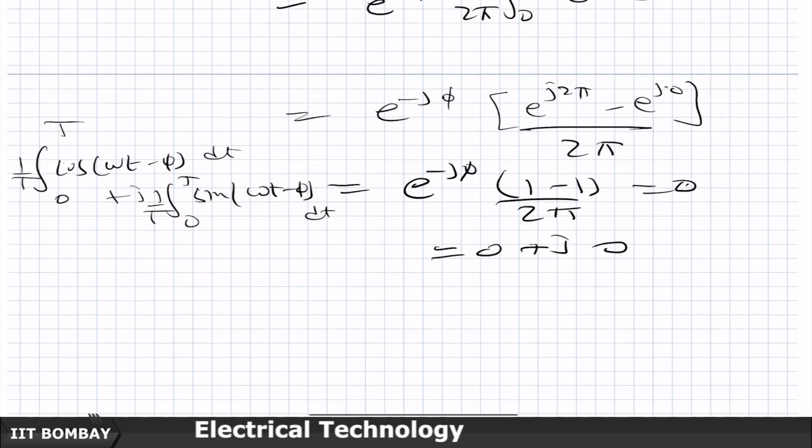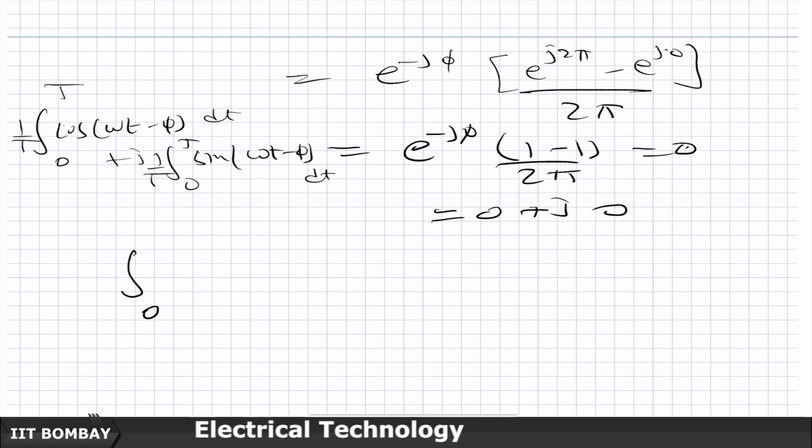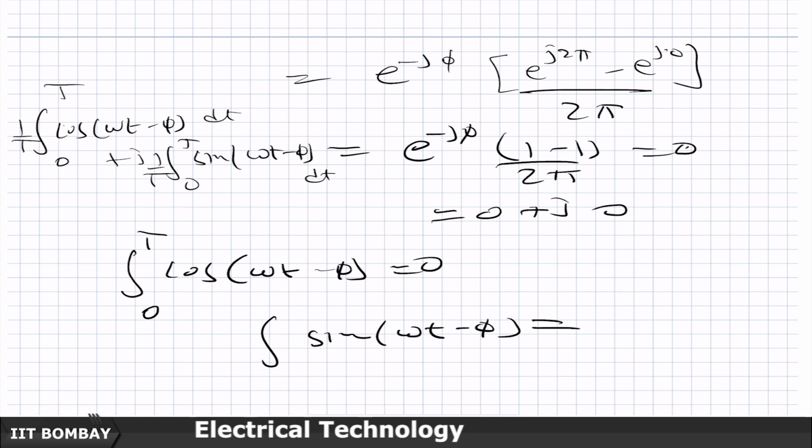So you equate the real part, it is 0, you equate the imaginary part, it is also 0, and even if you take it n times, this is also going to be equal to 0. This I am now leaving it to you to complete. So this is also going to be equal to 0.